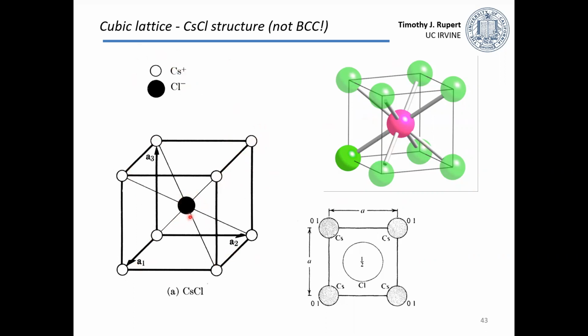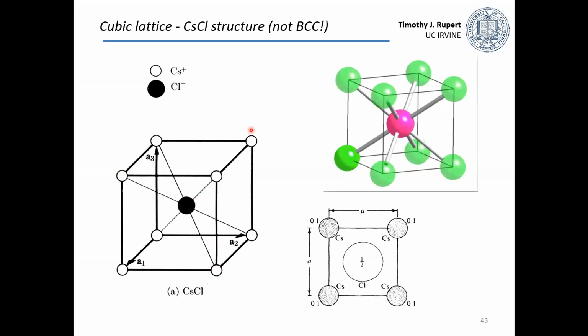And if you look at that after those slides I just showed you, you might say, well, that's body-centered cubic. It has atoms on the corners of the cubes, and then 1 in the center. But that's incorrect, because in body-centered cubic, all of these atoms are the same species. So they're all something like iron. In this case, there's 2 different types of atoms. This is actually a different structure.